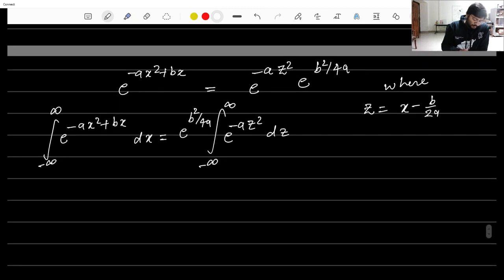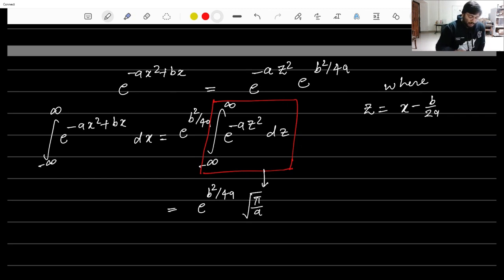You know the value of this particular integration because we derived it in the last video. So you can write it like this: e to the power b square by 4a, and the value of this is root pi by a. So yes, it is derived.